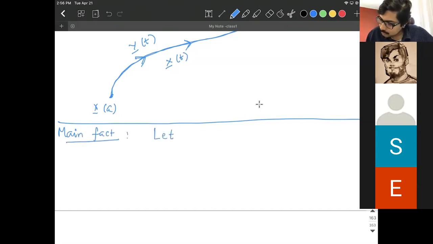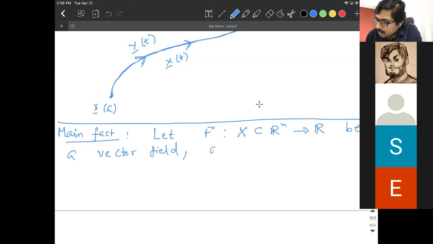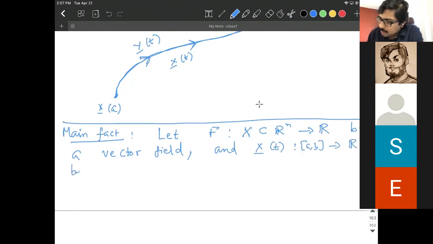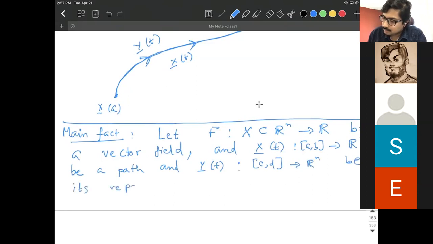Let f be a vector field, and xt be a path, and yt be its reparametrization. Okay, so we have this information. Then there are two cases.